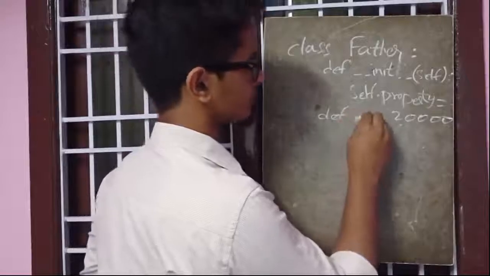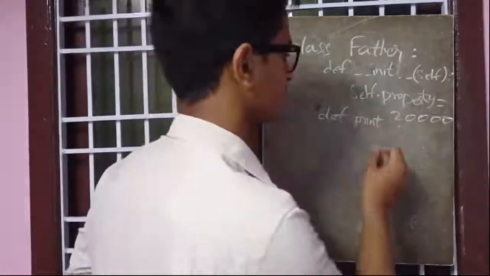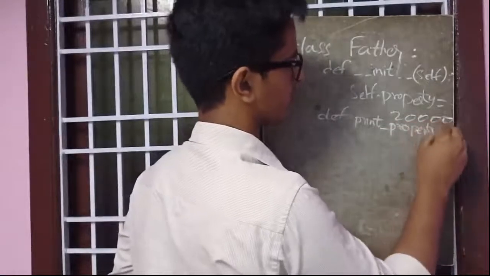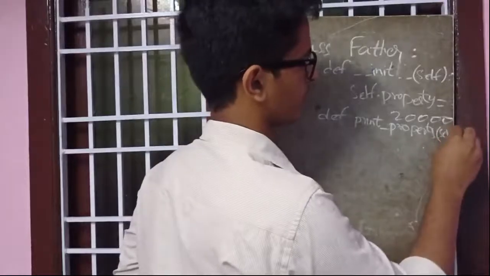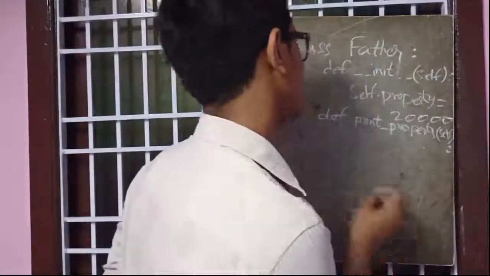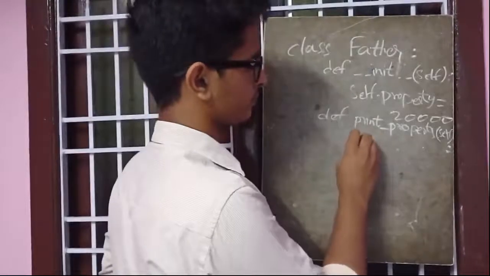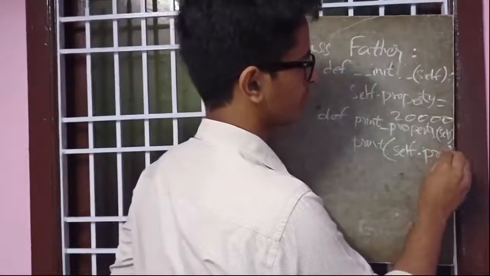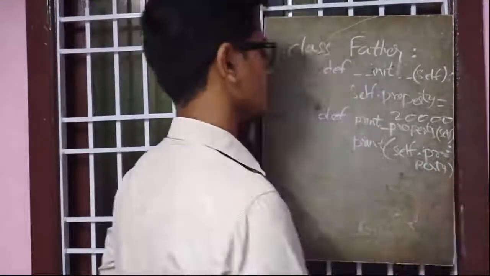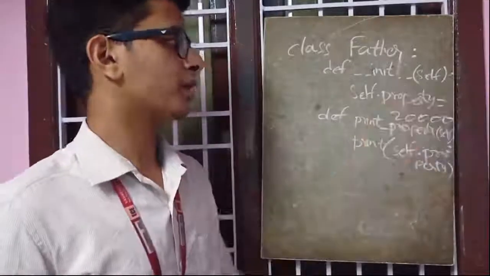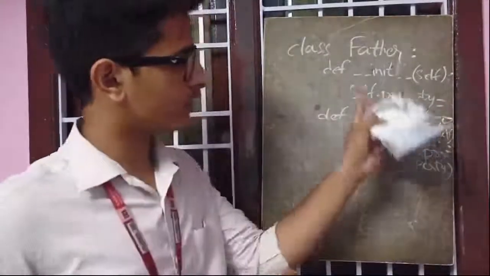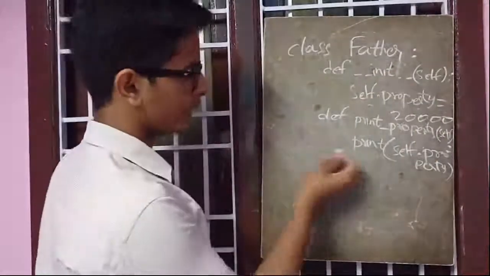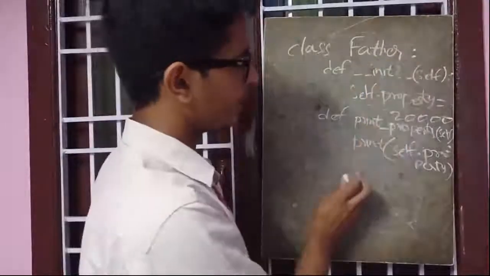Then def print property, with the self parameter. In the body, the statement is print of self dot property. So this is the parent class. In the parent class we have self dot property equal to 20,000. This is one method, and another method is print property. Init is called the default constructor, and this father is inherited into the child class son.